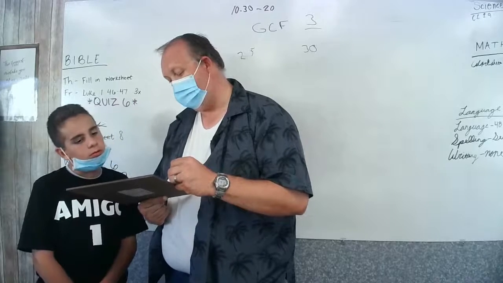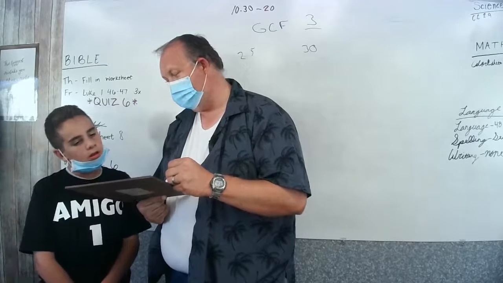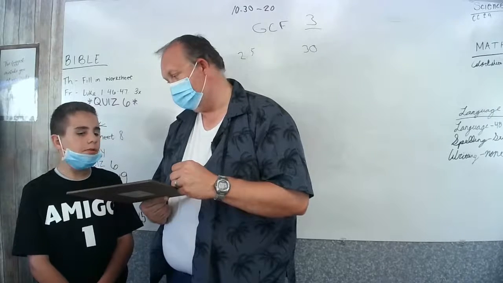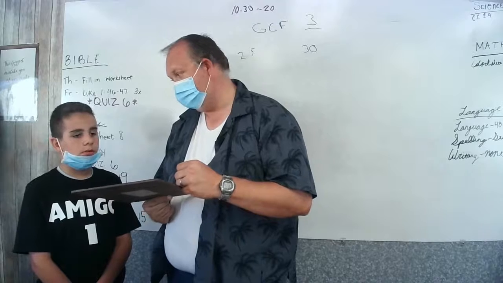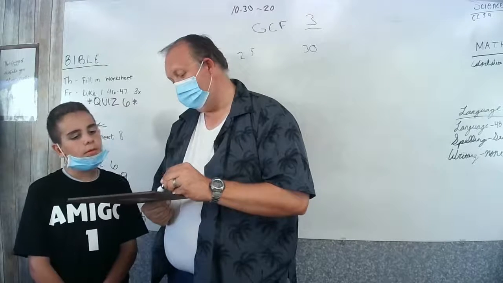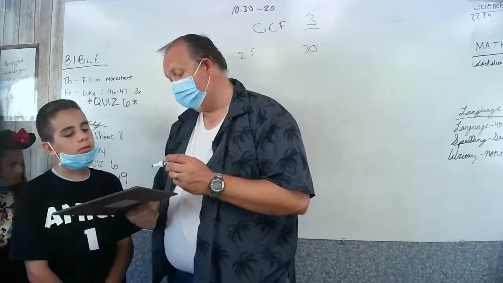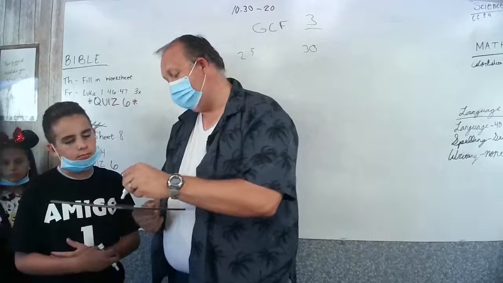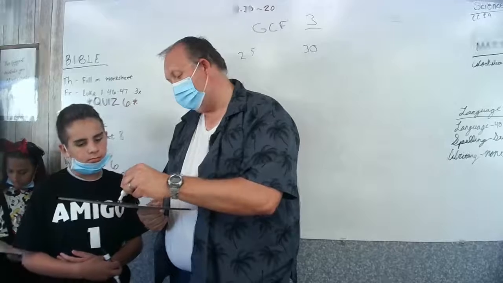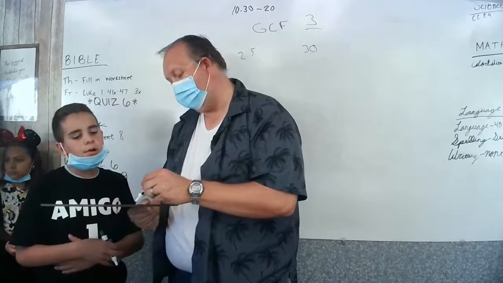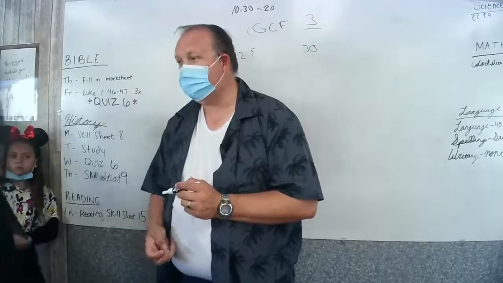Do you have a 3 up here? No. Do you have a 2 up here? No. Do you have a 5 up here? Yes. Do you have a 5 down here? Oh, yeah. You do. So that's what's in common. So your GCF, because it appears down here and right here, that's what's in common.